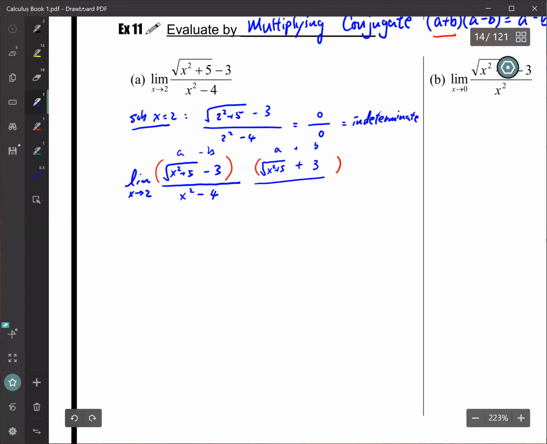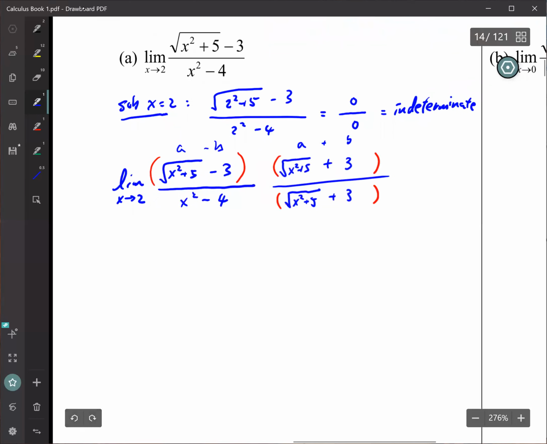And then in the denominator you multiply by the same. That's conjugate. You are multiplying top and bottom by the same thing, so that's basically multiplying by 1. So it doesn't change the question.